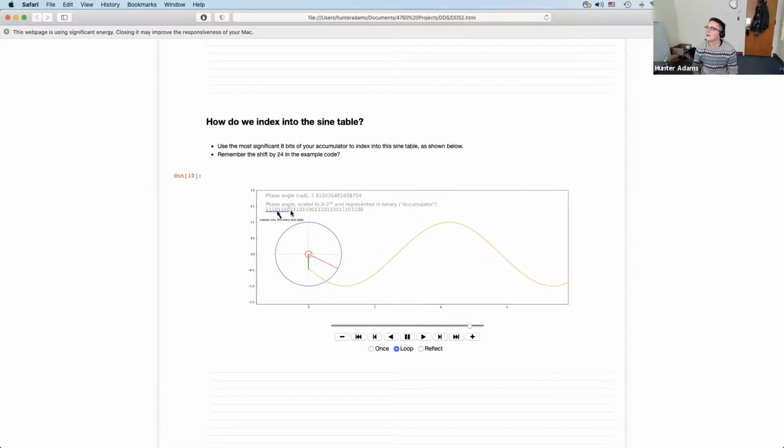Say you are adding a tenth of an index unit every time you interrupt into this interrupt service routine. That means that for 10 interrupts in a row, these top 8 integer parts of the index aren't going to change.